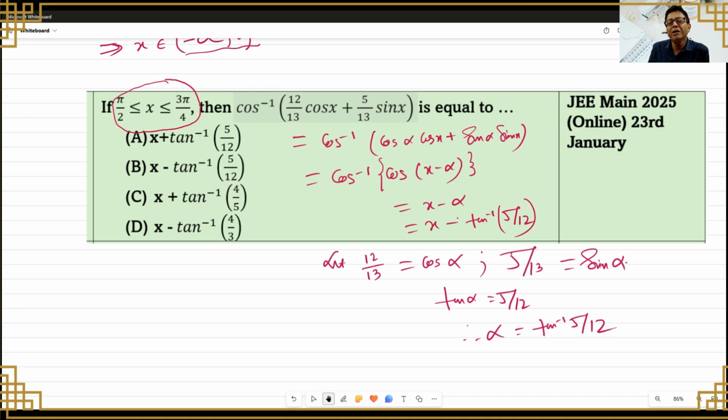Tan inverse 5 by 12 is less than 30 degree angle. So x greater than pi by 2 and less than 3 pi by 4, x minus that will very much lie in the interval 0 to pi. So cos inverse cos we can write in this format. Clear? Hope you have understood.